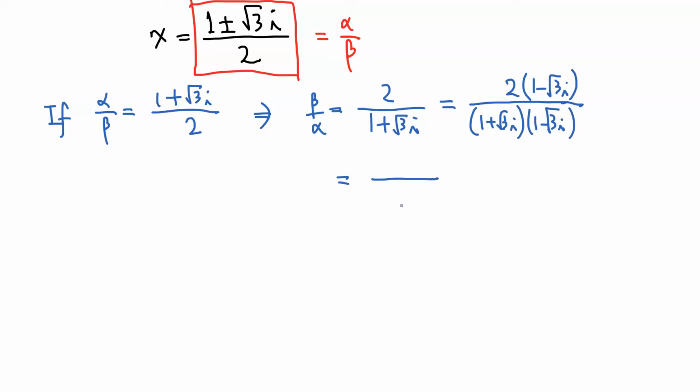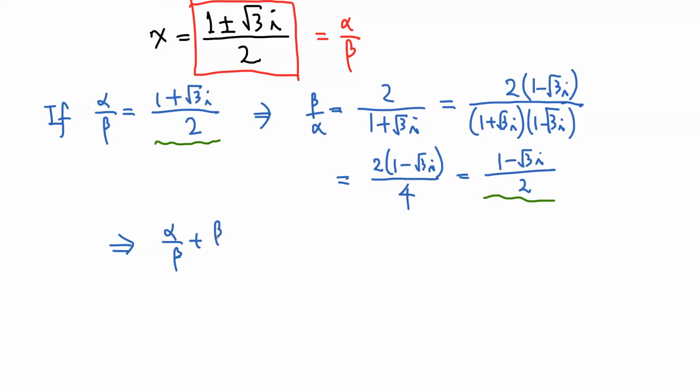The denominator then becomes 4, it is easy to find out, and the numerator becomes 2 times (1 minus square root of 3 i), so it becomes (1 minus square root of 3 i) over 2. So with this and this, we can find out that alpha over beta plus beta over alpha equals 1.